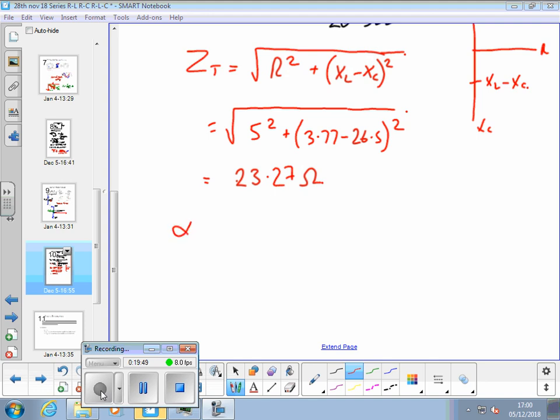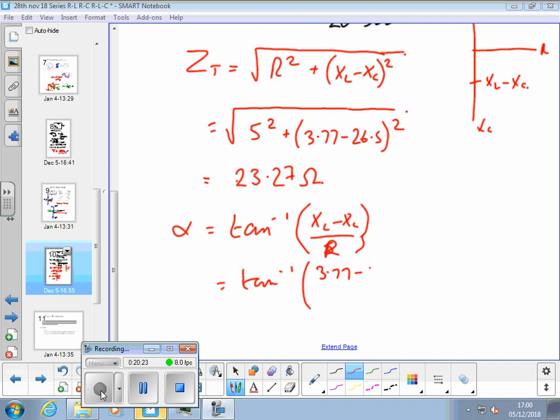And then the angle is equal to tan to the minus 1 of the opposite side, which is XL minus XC over R. So tan to the minus 1 of (3.77 minus 6.5) all over 5.